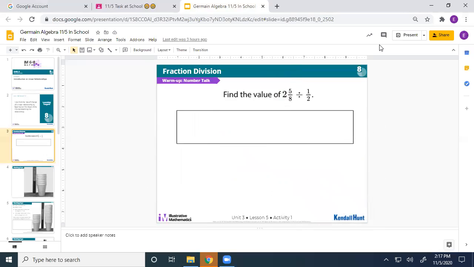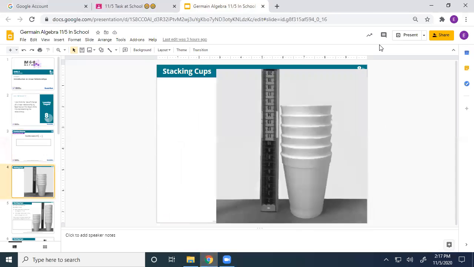Okay, so let's take a look at this next piece. The next piece of this activity, if you're looking in your textbook, you don't see this exact picture because you actually see the picture that's on the next slide. But what we're going to be looking at in lesson number 4 today is stacking cups together. So we have cups here that are stacked.